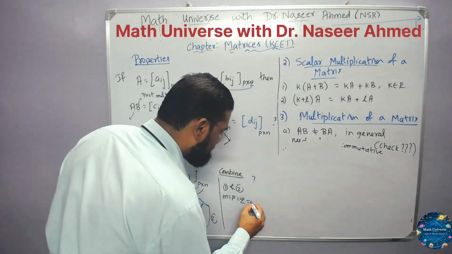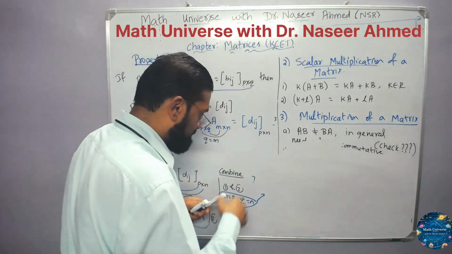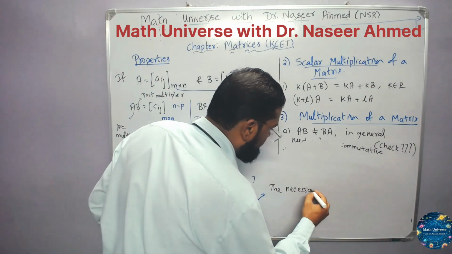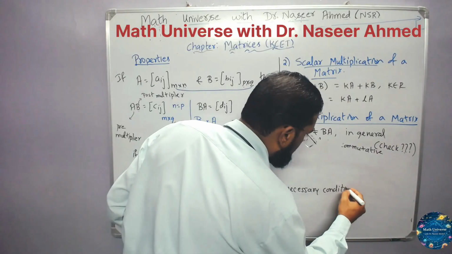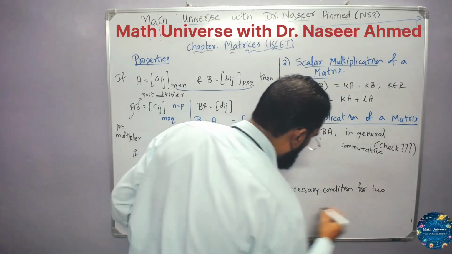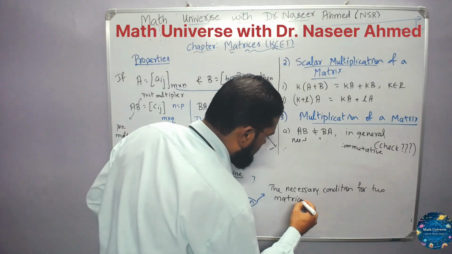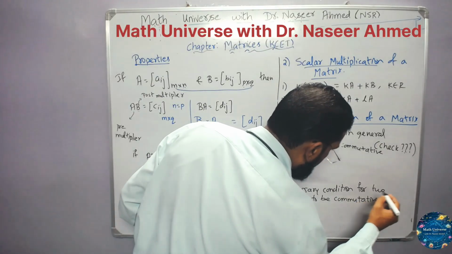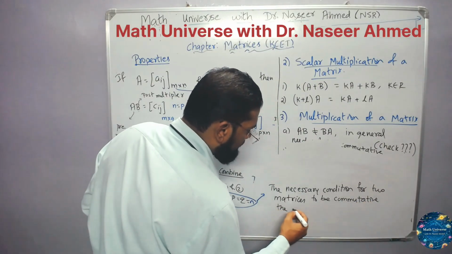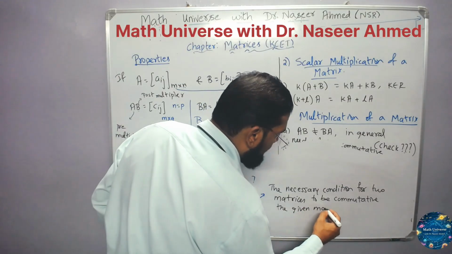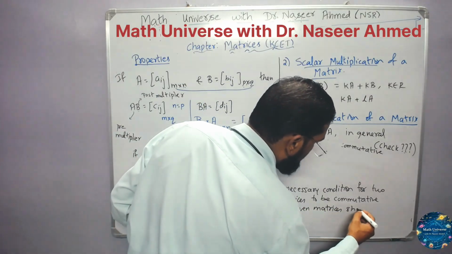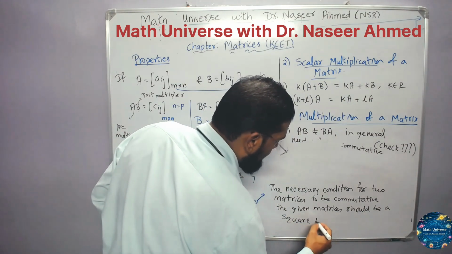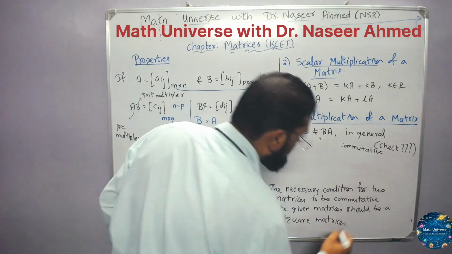Here it is N. So from here we can comment: the necessary condition for two matrices to be commutative is that the given matrices should be square matrices. It's a basic condition.